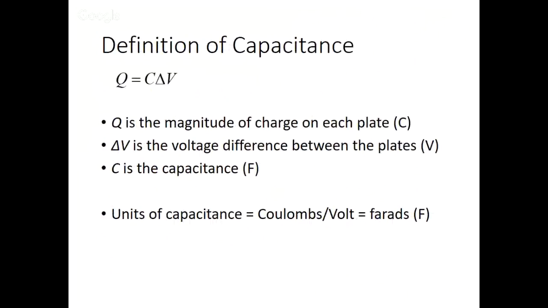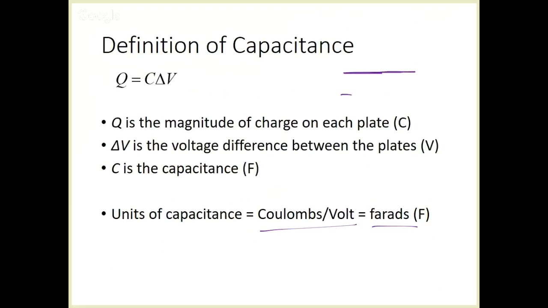Alrighty. So capacitance. Units of capacitance are coulombs per volt. That's also known as a farad, and that's all that capacitance is. When you take two parallel plates and give them both charges, one will be positively charged and one negatively charged, with the same value of charge but opposite sign. So Q is the magnitude of charge on each plate.